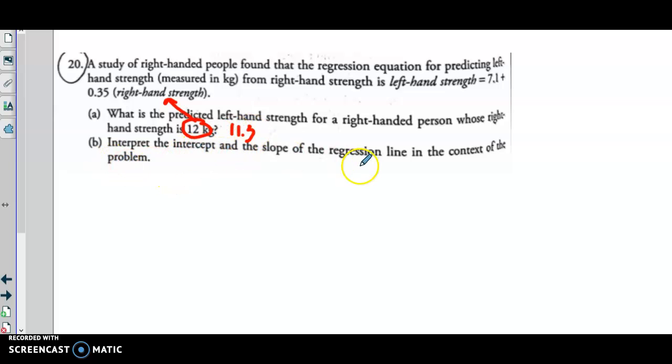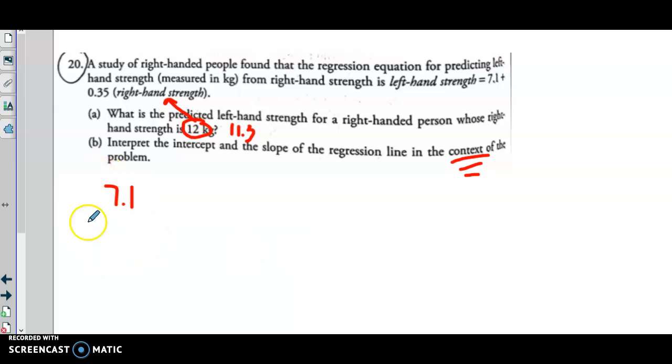Interpret the intercept and the slope of the regression line in context of the problem. So let's talk about the intercept first. My intercept is 7.1, that's the Y-intercept. So in general, what that means is that's the value of Y when X is 0. But I need to remember context.